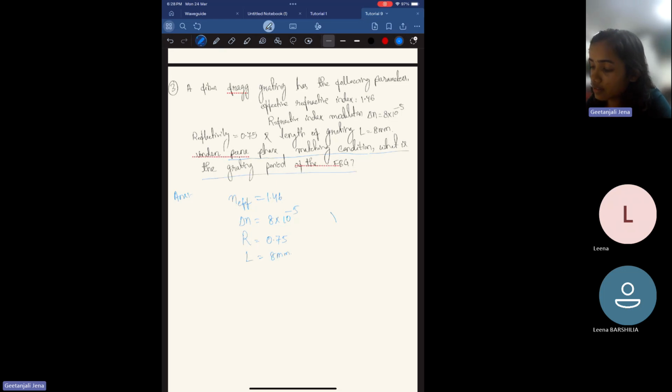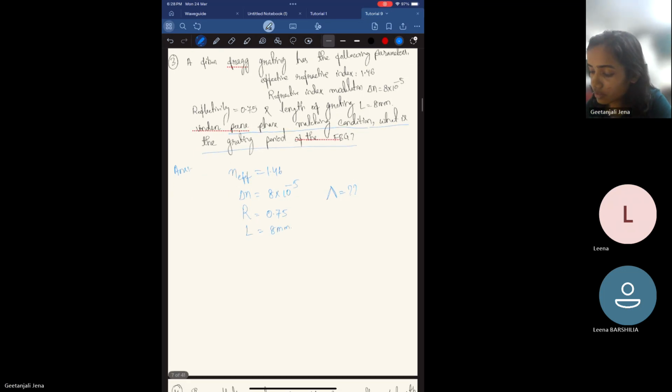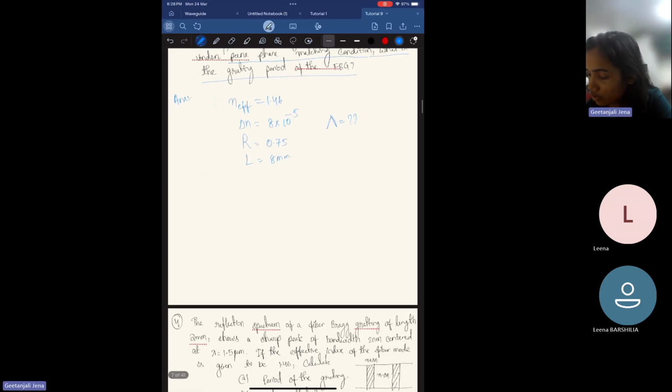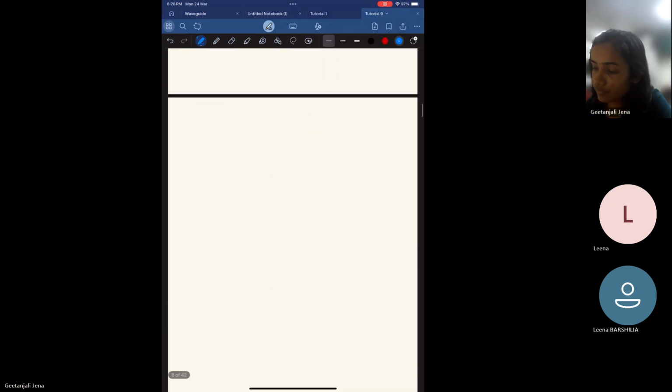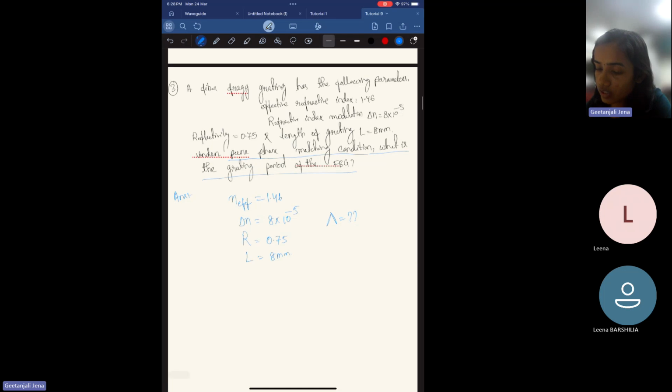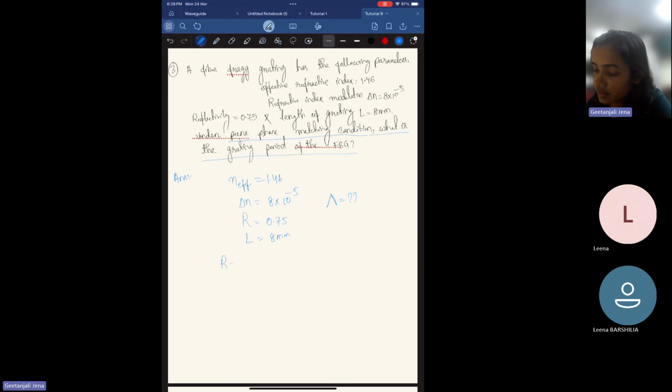So what is the grating period now? When you are given the reflectivity, delta n, n effective and L, this is also easy to solve. If you recall, R is tanh squared of kappa L, which is given as 0.75.